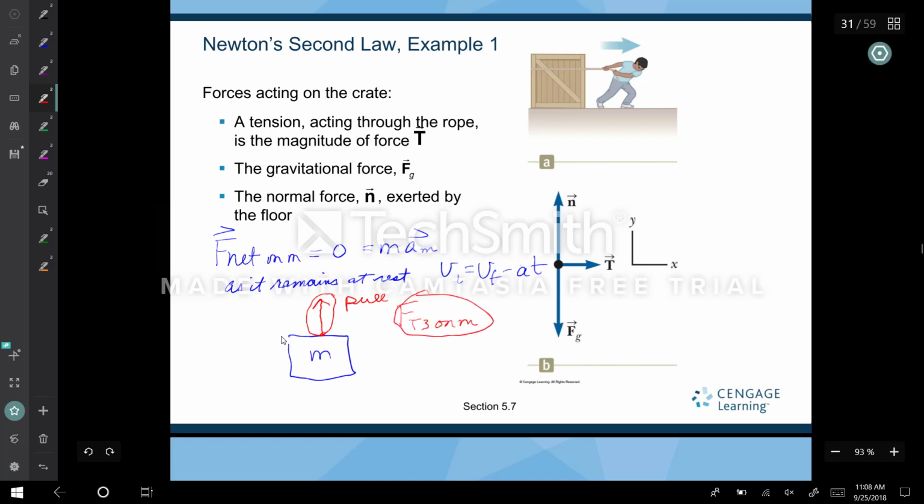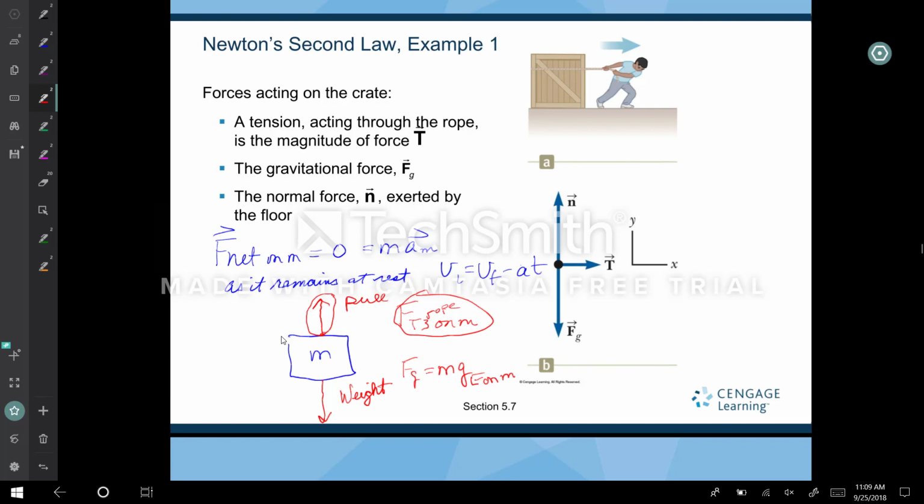Notice that that F of rope on M doesn't have an arrow over it, so I'm talking about magnitude. There's also gravity, weight. So we have F sub G is mg, of Earth on M, and it's directed down.